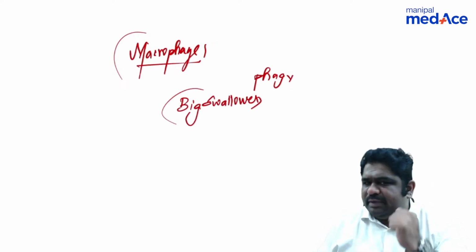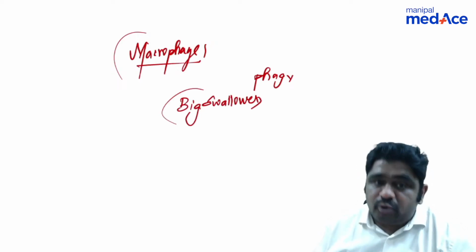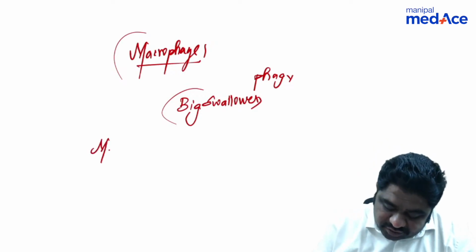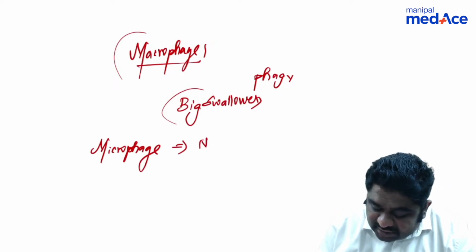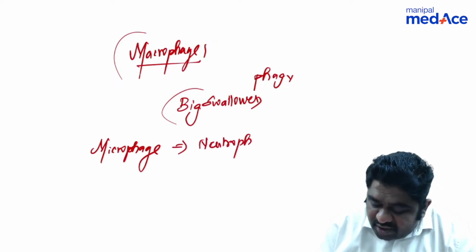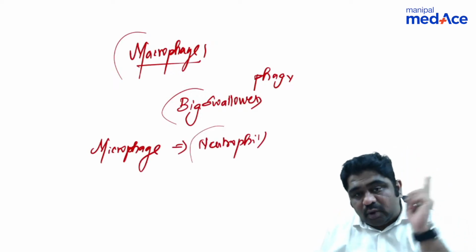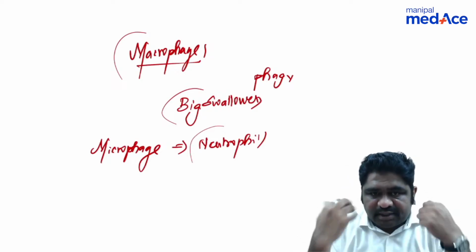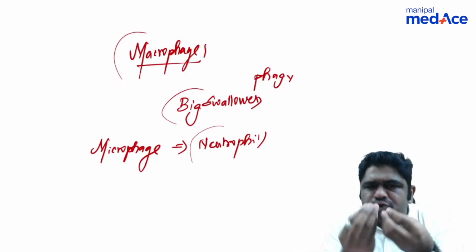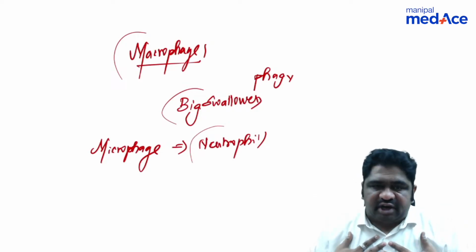Whenever there is somebody called a big swallower, there should be a small swallower. Who is the small swallower? It is a microphage. Have you heard of the word microphage? A microphage is nobody else other than a neutrophil. Now, if a neutrophil is allowed to attack an organism, either it throws the dangerous granulozymes and destroys the organism, or it tries to swallow very small organisms and digest them inside.